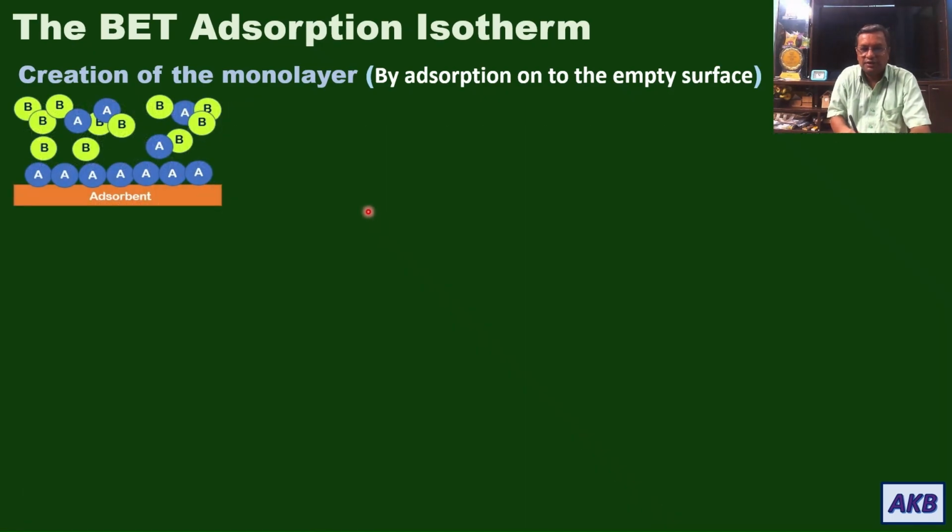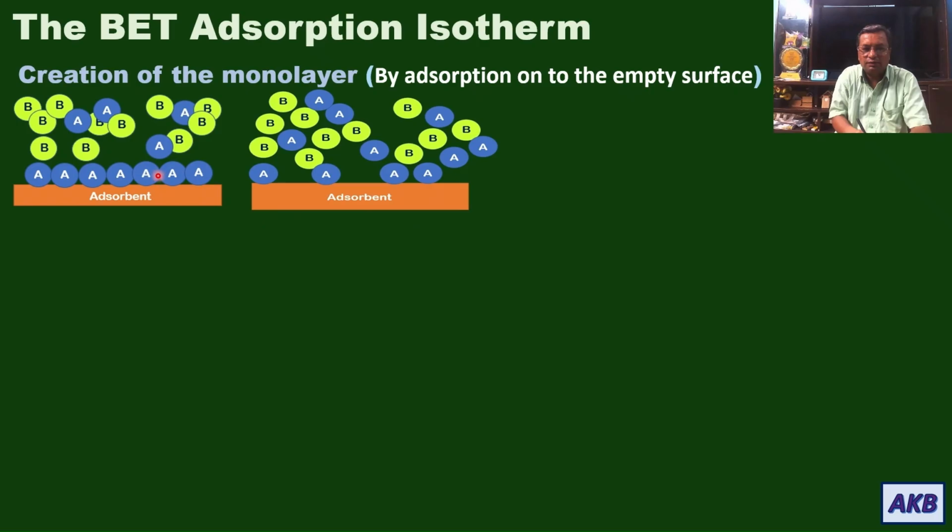Let us move ahead. Now, when the process continues, A is getting adsorbed on the surface of the adsorbent. So, as the concentration of A on the surface of the adsorbent increases, the adsorbed molecules act as hindrance to the other molecules of A that are trying to adsorb on the surface of the adsorbent.